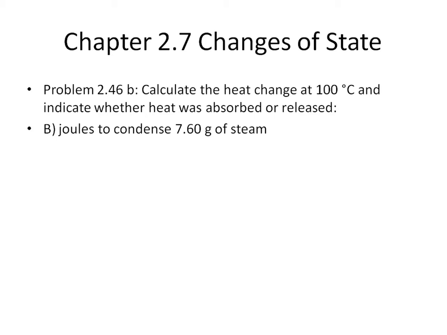It's called the heat of vaporization, but you can also look at this as condensation. Vaporization is going from a liquid to a gas. We would think of this if you're boiling water and it produces the vapor. As it gets to its boiling point, you start seeing the steam.